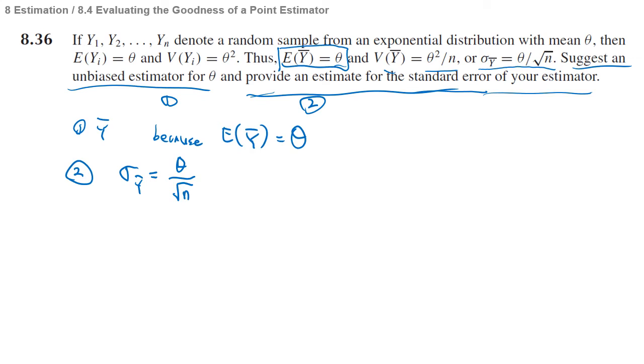To estimate this, our unbiased estimator for theta is Y bar. So we can provide our estimate as Y bar divided by square root of n. So this is our estimate for the standard error of our estimator.